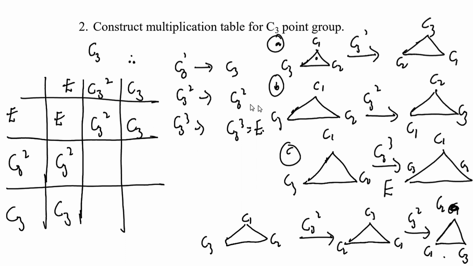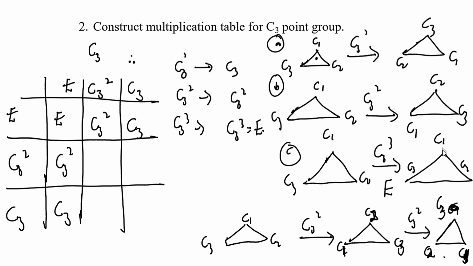C3 squared is when this one moves by 2, so we have it to be here, right? So also looking at this here, C3 squared means this one moves 1 and 2. So we have 1 here, we have 2 here, and we have 3 here. So when it moves twice again, we have it to be 1, we have it to be 2, and we have this to be 3.